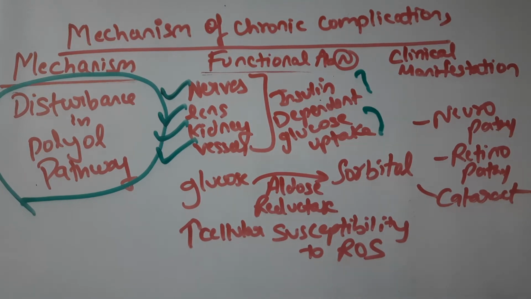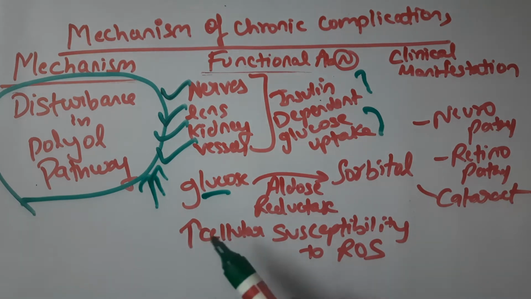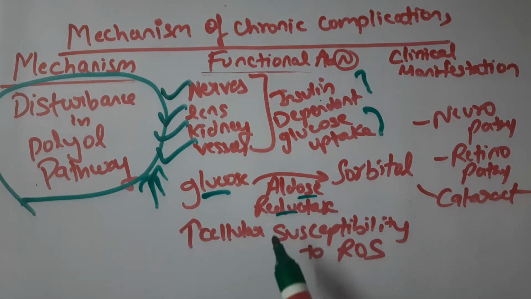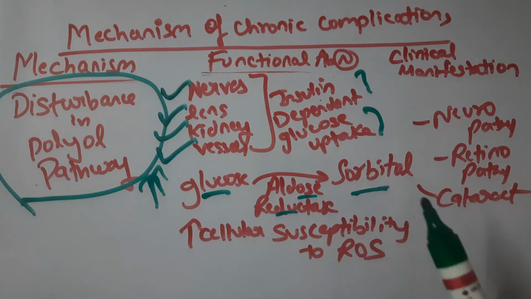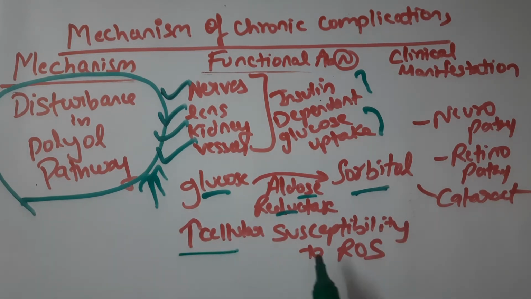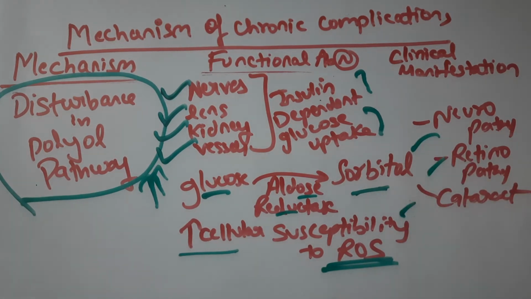So if there is excess glucose, it will keep on accumulating, and this glucose via the enzyme aldose reductase will convert into sorbitol, and this sorbitol keeps on accumulating. If the sorbitol accumulates in the lenses, it leads to cataract formation. Also, there is increased cellular susceptibility to reactive oxygen species, so it leads to neuropathy, retinopathy or cataract formation.